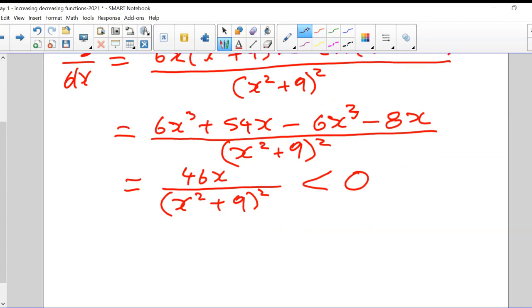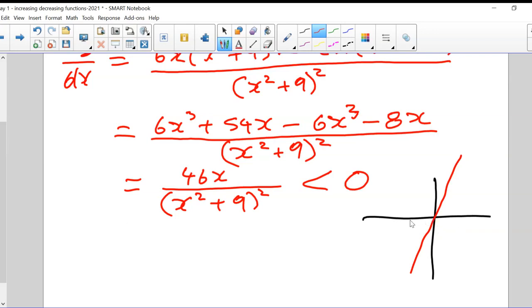I'll just draw a quick little diagram here on the side. The 46x is a function that goes through the origin, because there's no x-intercept there. It has a slope of 46, a very steep line. Anything to the right of 0 is positive, above the x-axis.